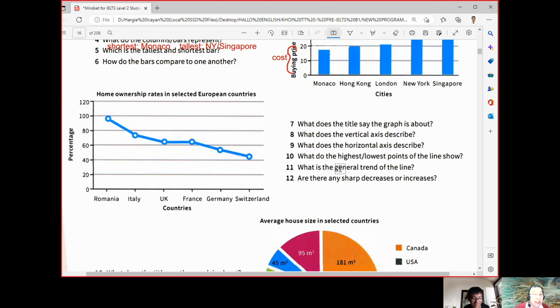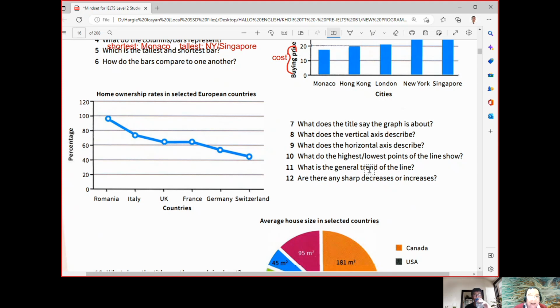So this is the line for Romania, which means Romania had the highest, the largest percentage of homeowners. And the lowest one is Switzerland. Okay, good.